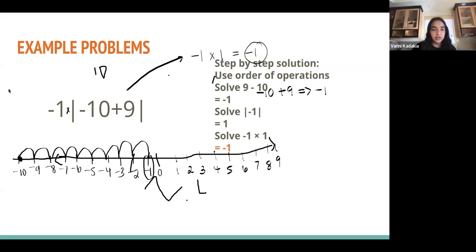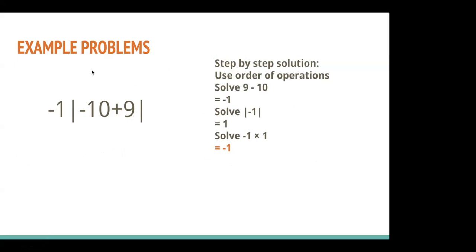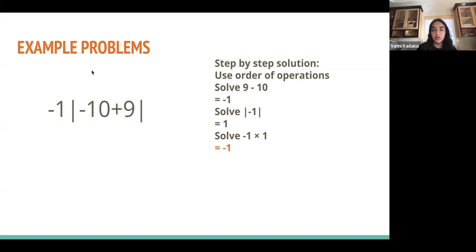Here, let me clear the screen so I can go over the answer. Okay, so we use order of operations. She said it's negative 1 because it's 1 times negative 1. Yes, exactly.